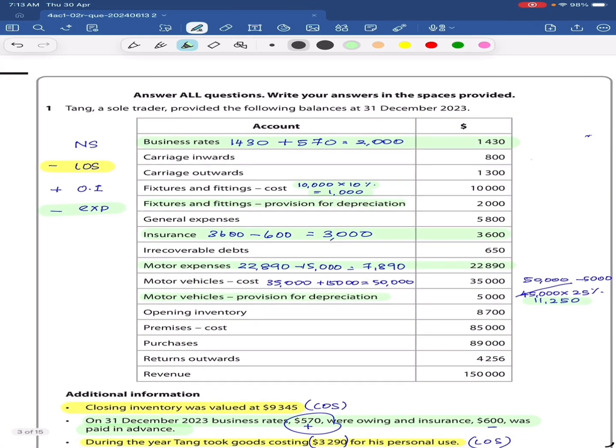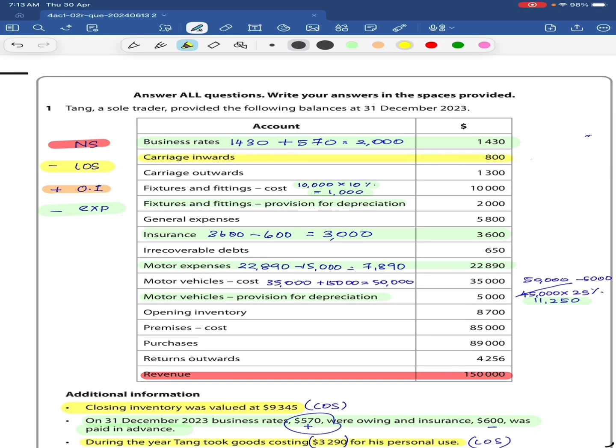Right. Now let's see what's left over. So I keep the net sales in red and other income in orange. So let's figure out the revenue. This goes under net revenue. Carriage inwards under cost of sales, you add.